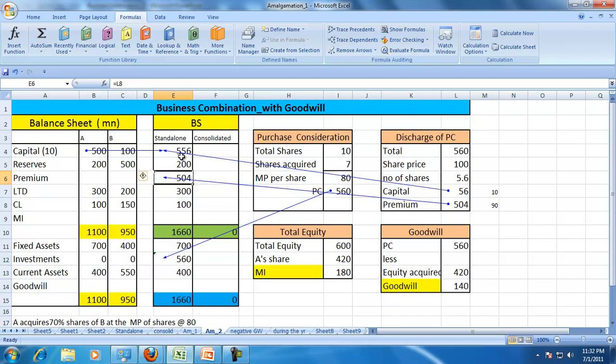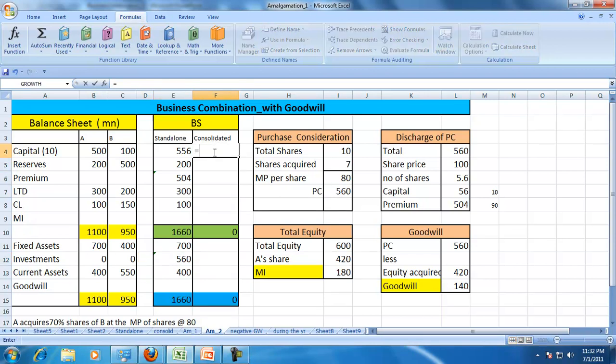In a standalone balance sheet, don't show the minority interest and goodwill, because in the standalone balance sheet you will show the investments. Whereas in a consolidated balance sheet, the minority interest and goodwill will appear, because the investments will not appear, and that is substituted by the assets and liabilities of the buyer and the seller.